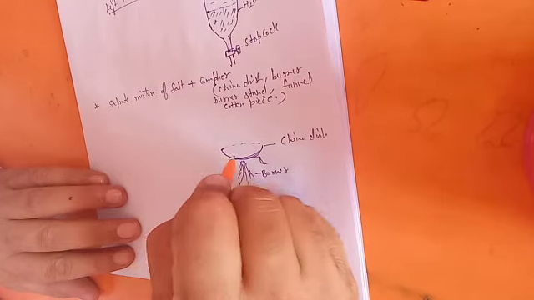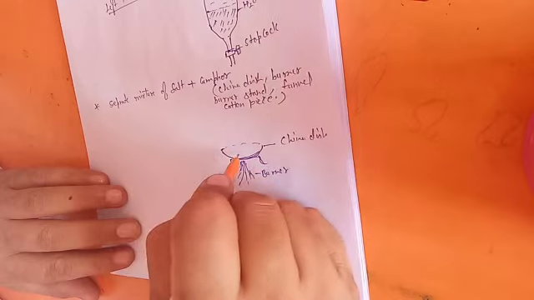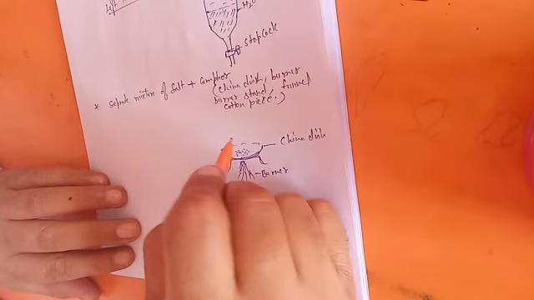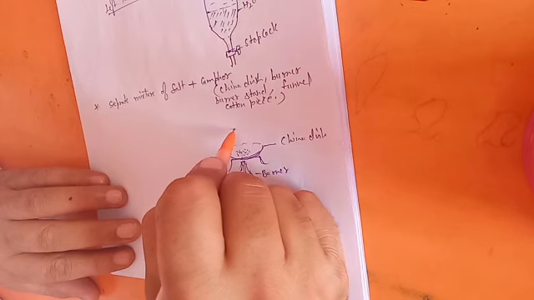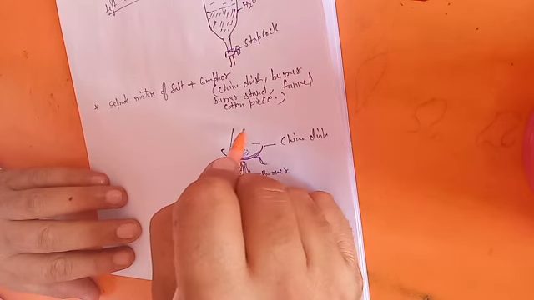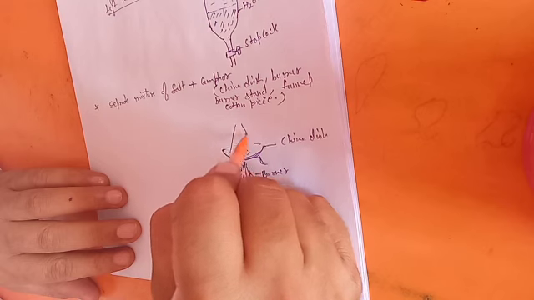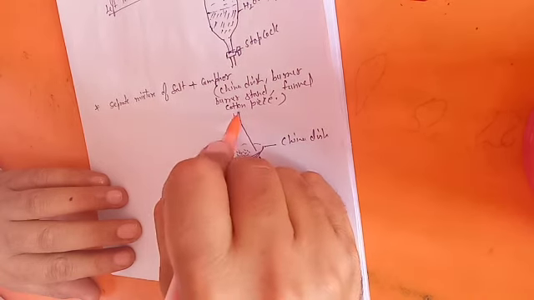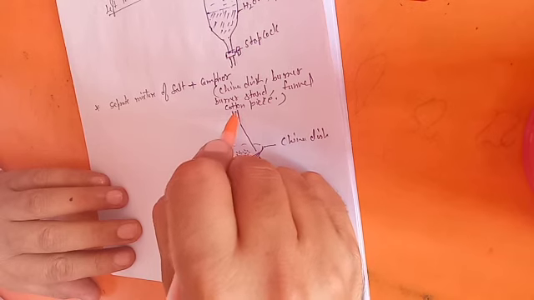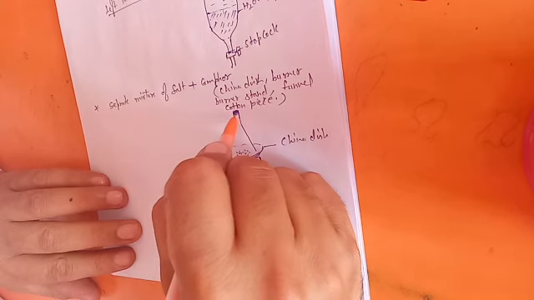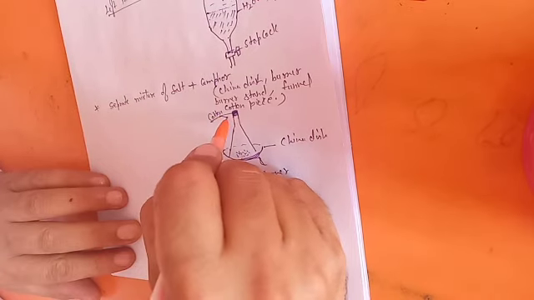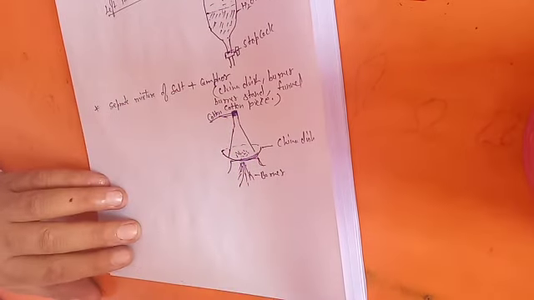Now you will put the mixture of salt plus camphor over here, and the funnel you put inverted in this condition. Inverted means reverse, ulta. And here you will put a cotton plug. Now what will happen here?